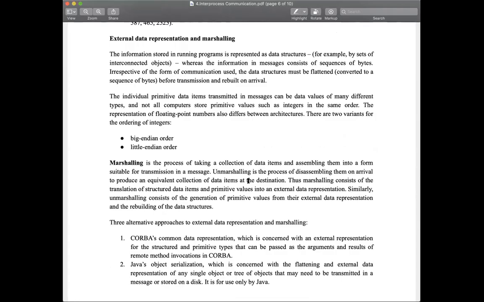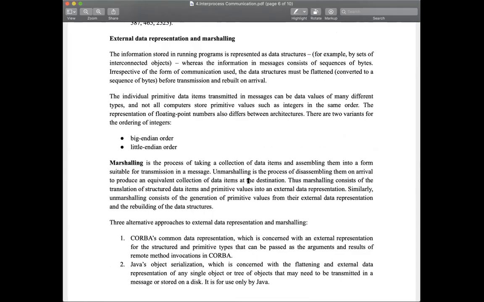Let's assume that we need to transfer object information between two processors. In such cases, how are we going to manage that? That's what we are discussing here.